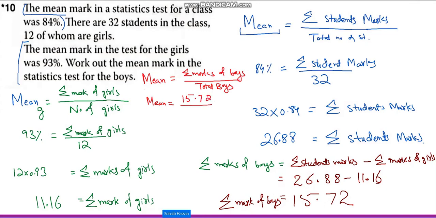And out of 32 students, if 12 are girls, means 20 are boys. So let's represent the total boys as 20. So to find the mean, we can divide the sum of boys' marks by 20, and we get 0.786. To represent in percentage, we can times with 100, so we will get 78.6%.